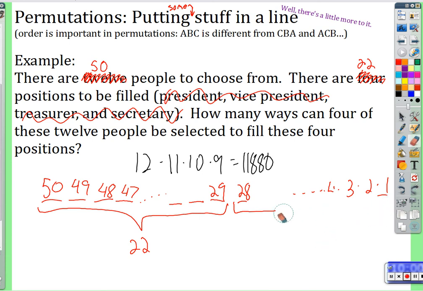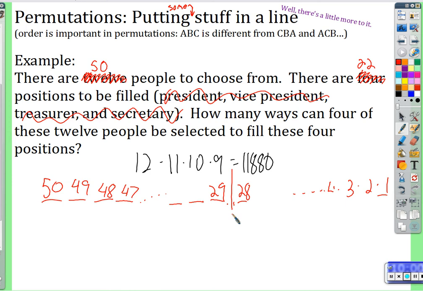The important thing I want you to see is what we want. We want to cut it off right there. Is that understandable? Okay. So we're going to multiply 50 all the way down to 29, which means we want to get rid of 28 all the way down to 1.